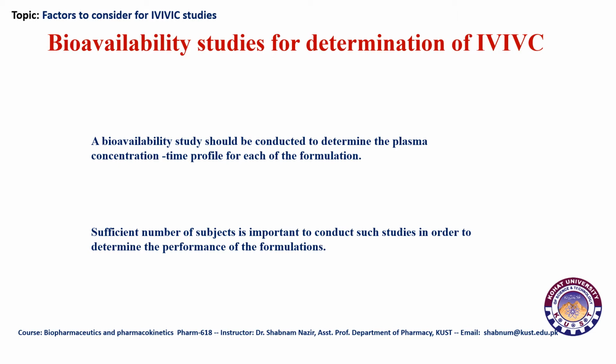A smaller number of subjects can give results that are not that authentic. And as you know, the pharmacokinetics of drugs usually vary from one individual to another on the basis of various factors. That's the main reason a sufficient number of subjects is extremely important whenever you are considering in vivo and in vitro correlation studies.